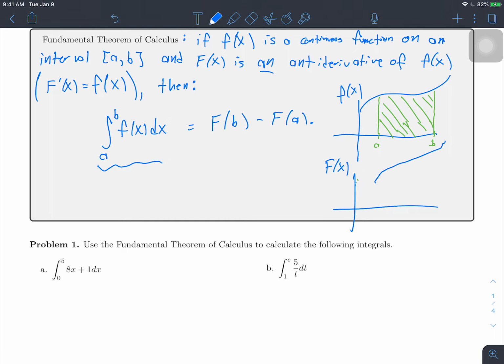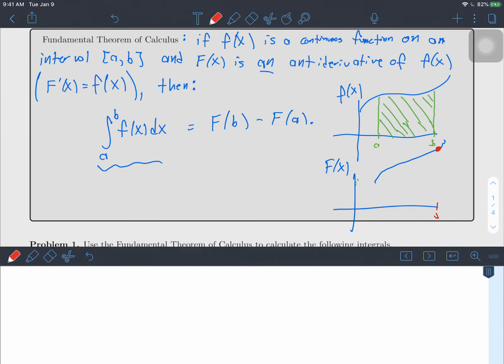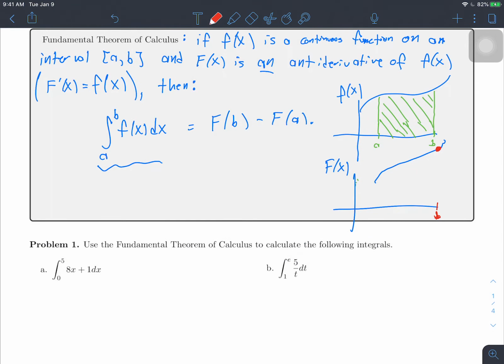It's going to look something like this maybe. Then what you can do is just find the height of capital F at b and at a and subtract those two heights, and we're done instantly.